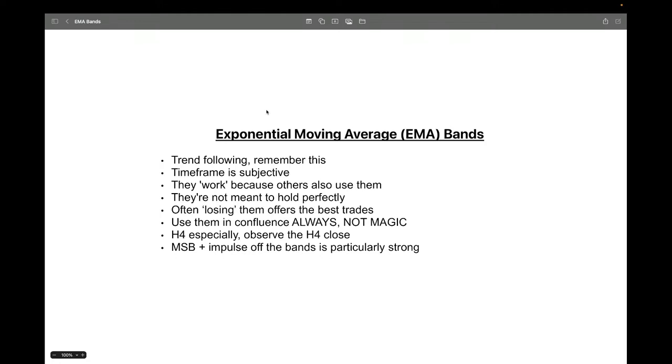An exponential moving average is the same thing, except it puts more weight on the more recent price action. Meaning, if you have a 200-day moving average, regular moving average, also called simple moving average, SMA, it will base its average off the 200 days with equal weighting.